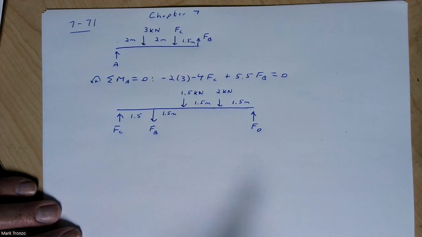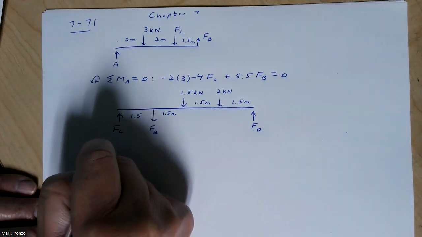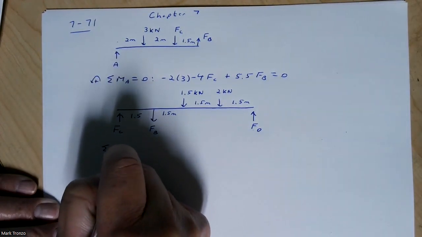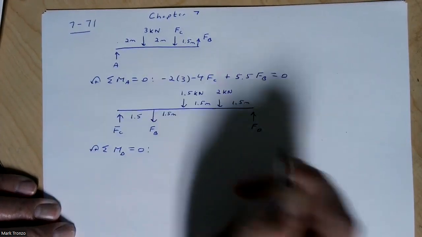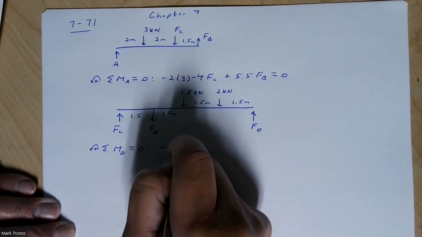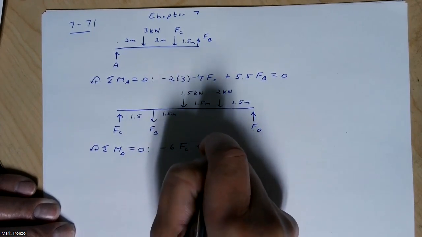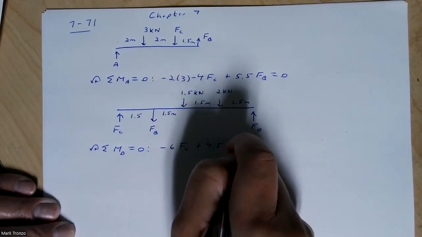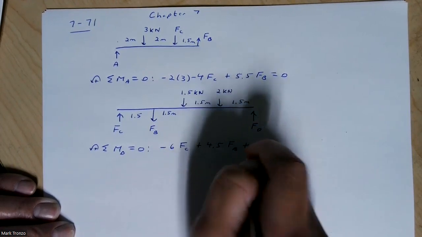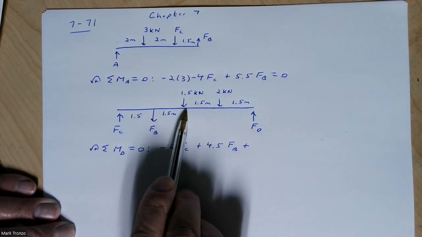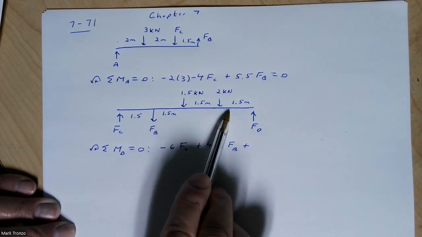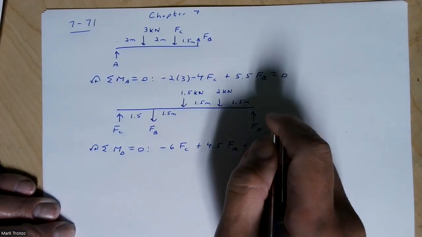And so once again, on this one, we'll sum the moments about D and set this equal to 0. So again, in my case, it is minus 6 FC plus 4.5 FB plus, let's see, 3 times this 1.5.